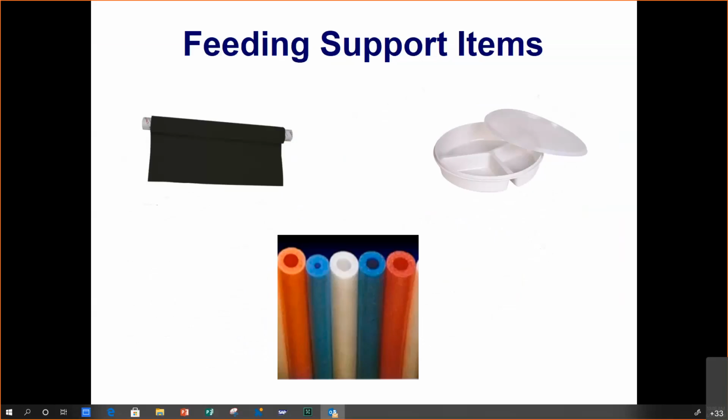So this is just an example of some of the feeding support items. There are items in that mass care shelter that Casey was talking about, where the list is in your participant guide of some of the items that are in that mass care support trailer. And some of these items are there for this reason, to help support individuals with access and functional needs in some more common areas, such as feeding support items.